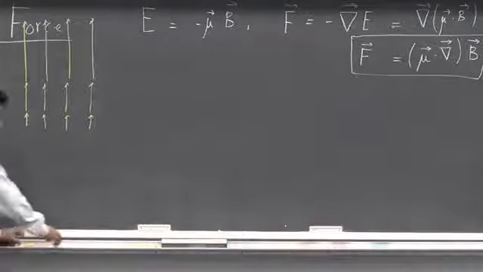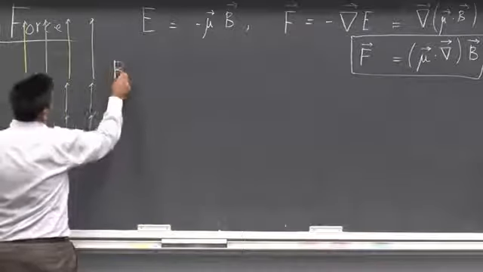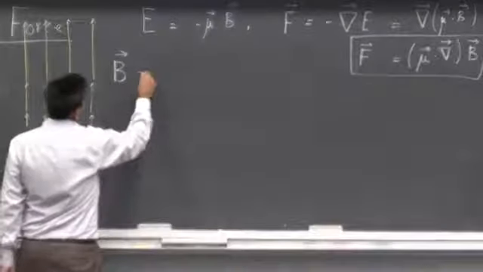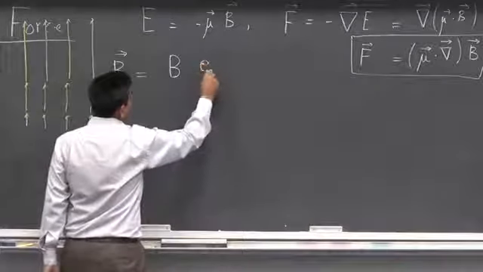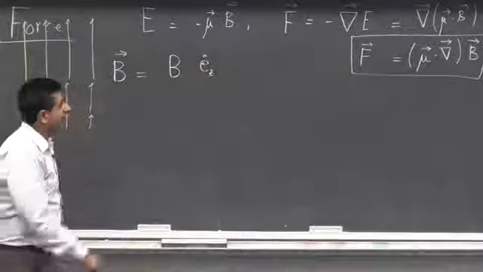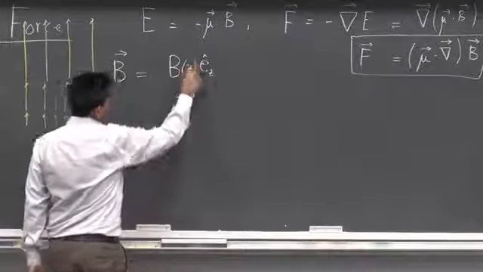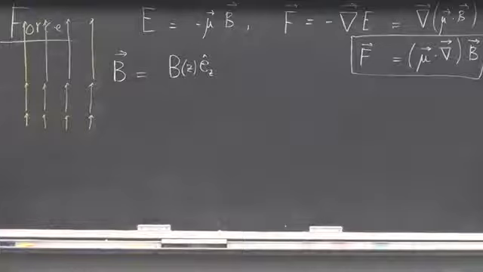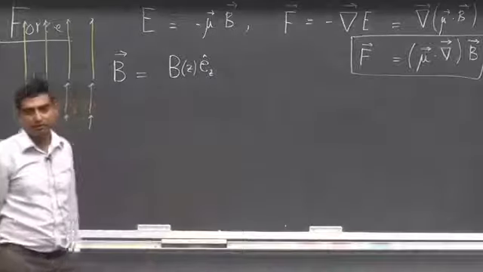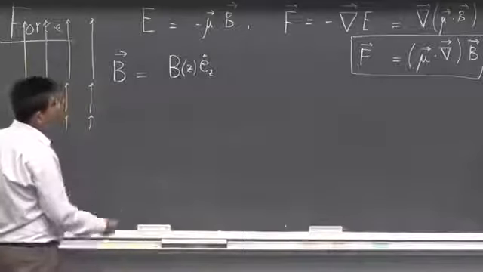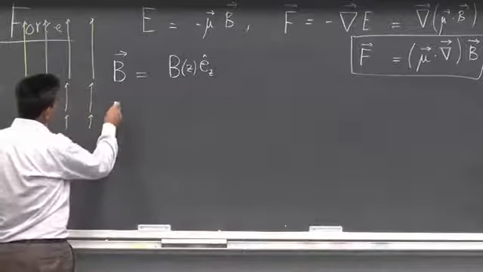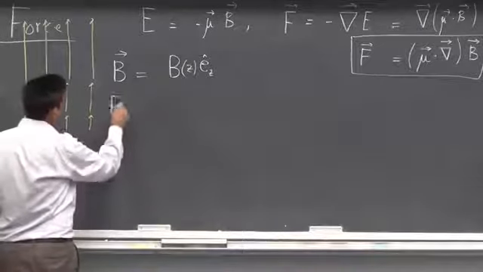So suppose you have a field of this kind. The field only has a z component, and its magnitude depends upon z. So this is your magnetic field, inhomogeneous, not uniform. And we all know that mu could be arbitrary. If I take the dot product of mu and del, it will give me something, and the force turns out to be the following.